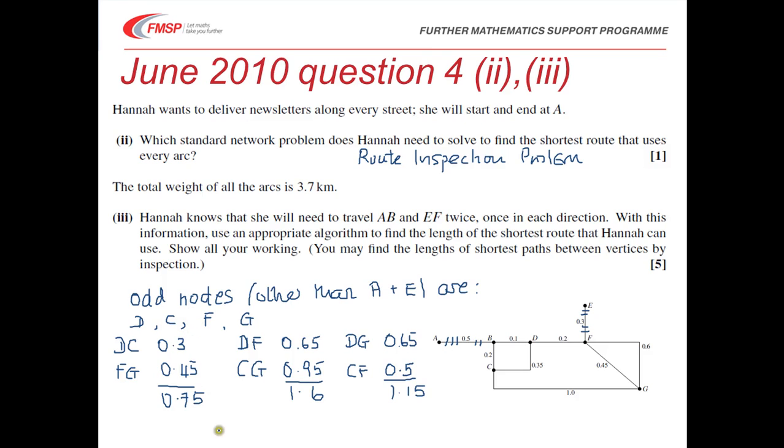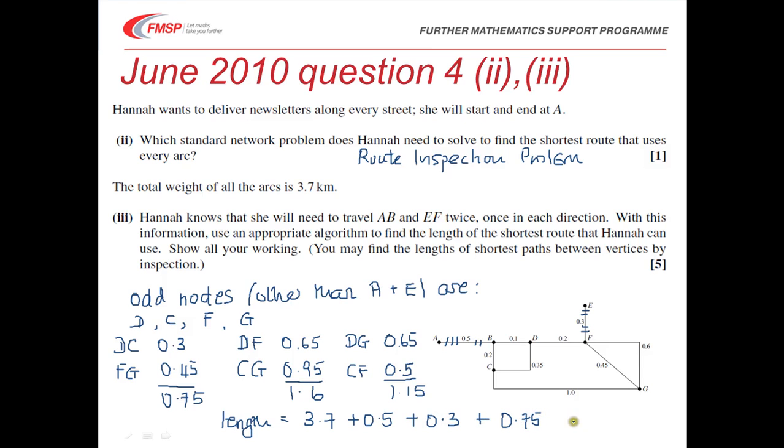So we want to find the length of the shortest route. So the length is going to be, so we have the 3.7, which we're told is the total length. We must remember that Hannah knows that she was going to repeat AB, which is 0.5, and she was going to repeat EF, which is 0.3, but now she also has to repeat DC and FG, which is 0.75.